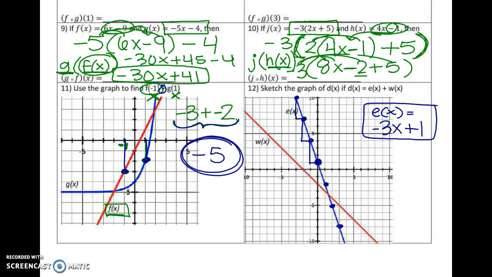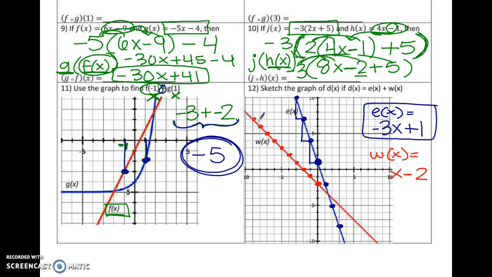And now if I go ahead to the red line, w(x), we see that the y-intercept is -2, so I'm going to put a -2 there. And I need to know what the slope is. So I see that this line crosses through all of these points.